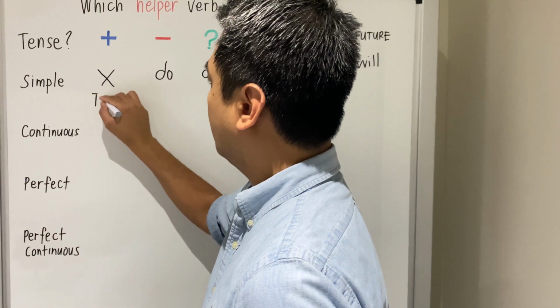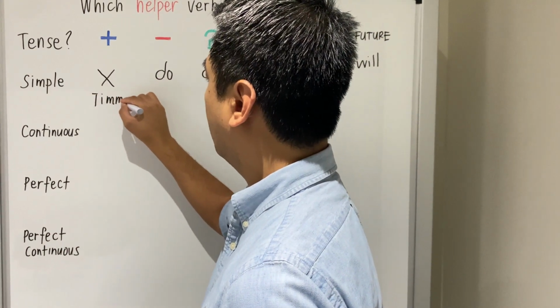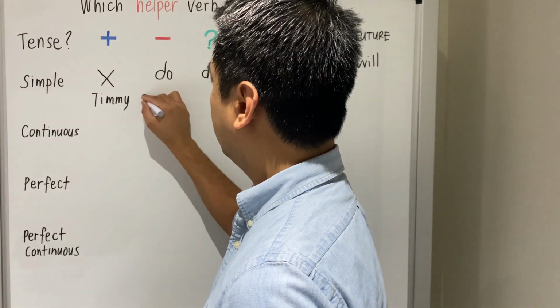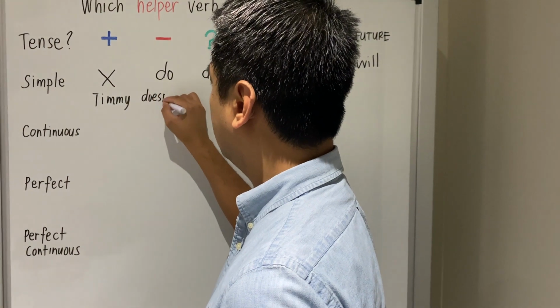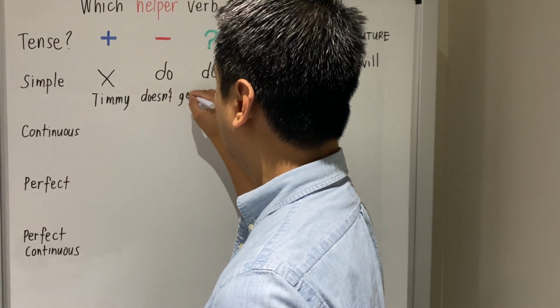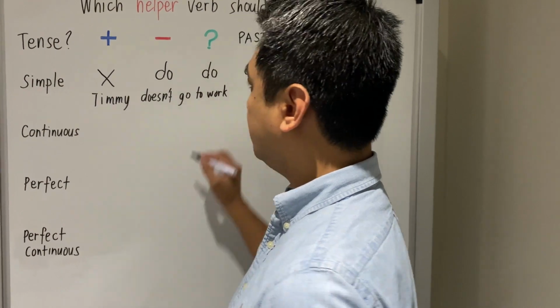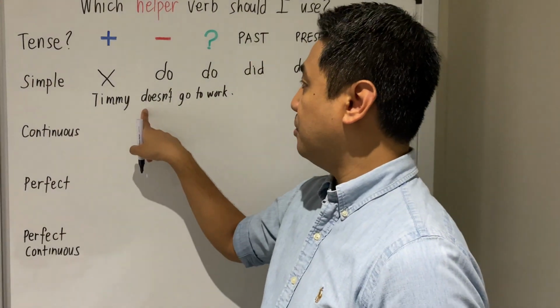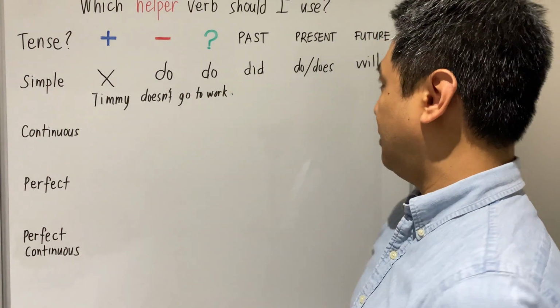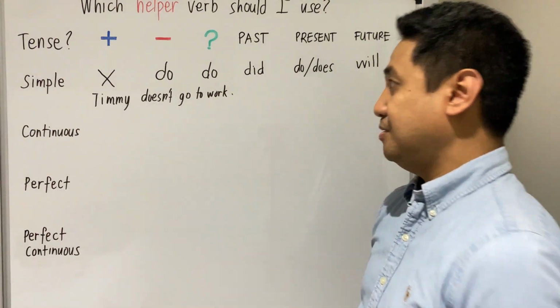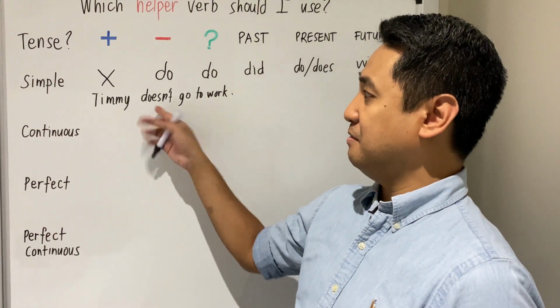So, let's look at some examples. Timmy doesn't go to work. This is present simple negative, right? If it's present simple positive, there's no auxiliary.